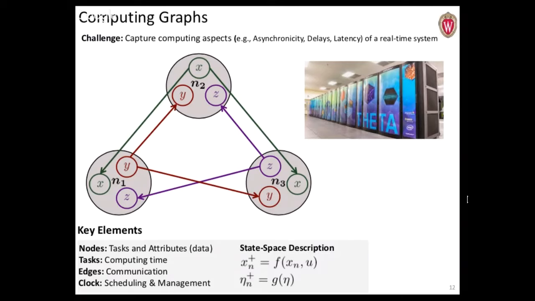And then I didn't really go into when nodes run their tasks and when they decide to communicate information. And for that, we came up with this, I think, very clean, cohesive state space description that describes when nodes do things and when edges do things. And a lot of that comes from our background in control theory, and we really like being able to express systems in this state space form.